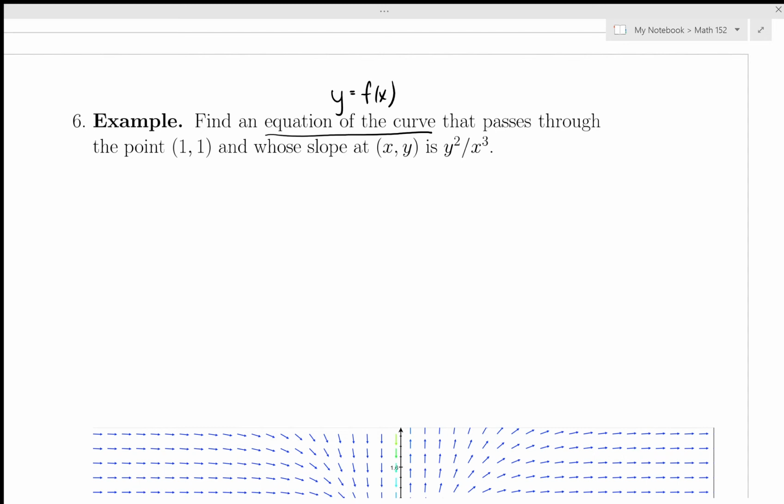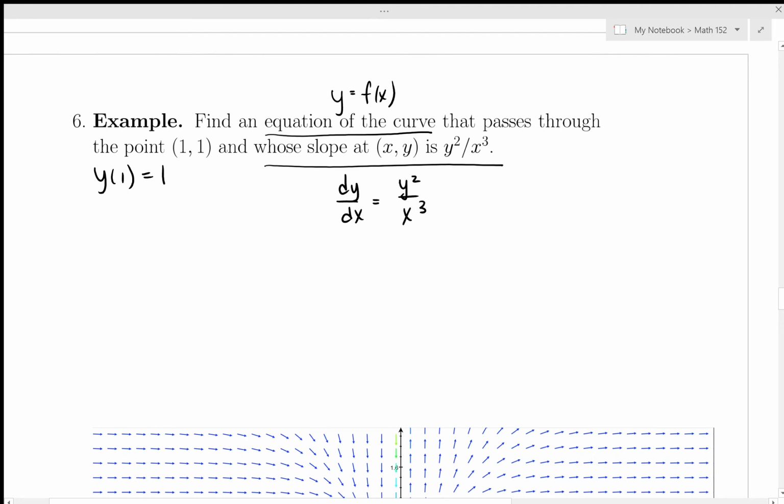And we're supposed to pass through the point (1, 1). Well, that means that y of 1 equals 1. And we get told the slope at (x, y), so the slope at an arbitrary (x, y) value is y squared over x cubed. That means that dy by dx is equal to y squared over x cubed.